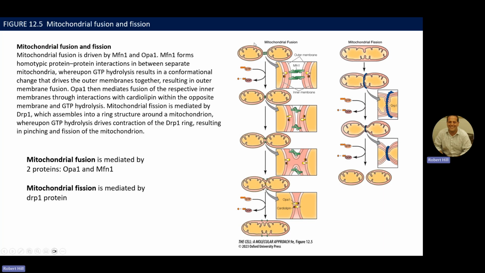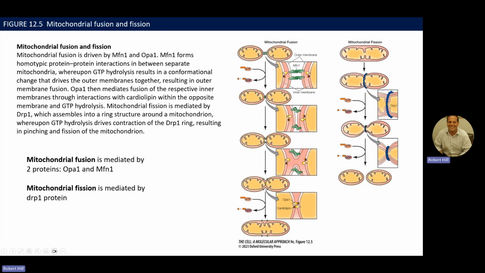All right, so here's mitochondrial fusion, and here's fission. These things are very dynamic. The cells are always undergoing mitochondrial fission and fusion. These processes are important for distributing the mitochondria as evenly as possible during the cell cycle, right, before mitosis. You can see during fusion, the outer membranes kind of interact.